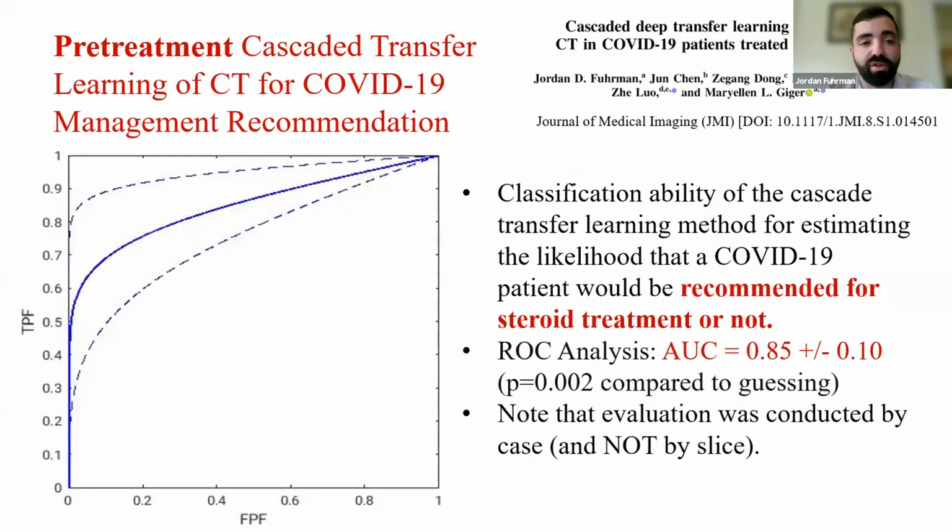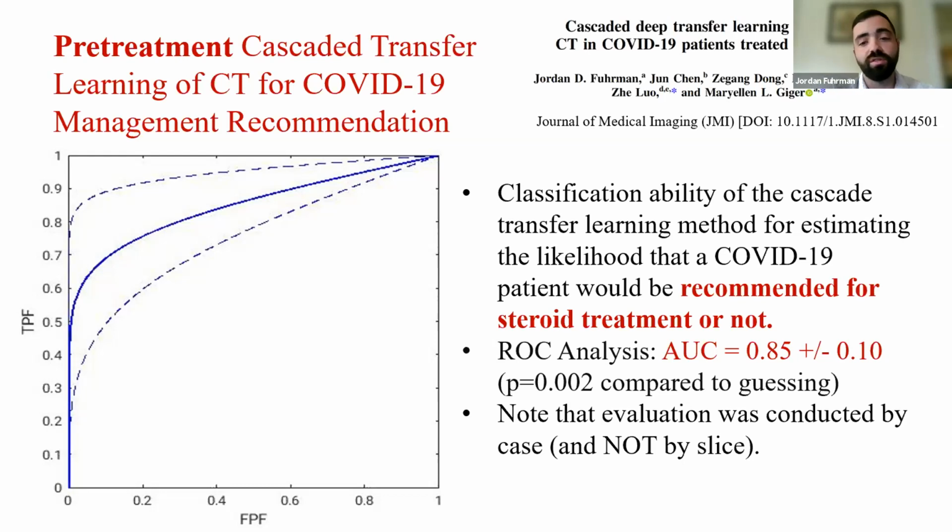So for that pre-treatment task, we were able to achieve an area under the curve of 0.85, which in our opinion was fairly strong performance. And there are two reasons why we think that. First off, this is not a very straightforward task. For example, in detection tasks, the disease is either there or it's not, and generally the ground truth is very clear, or at least there's a very clear set standard.